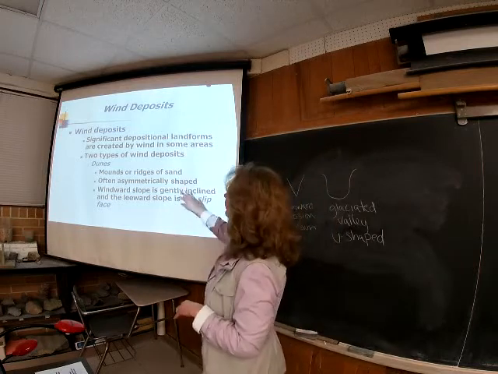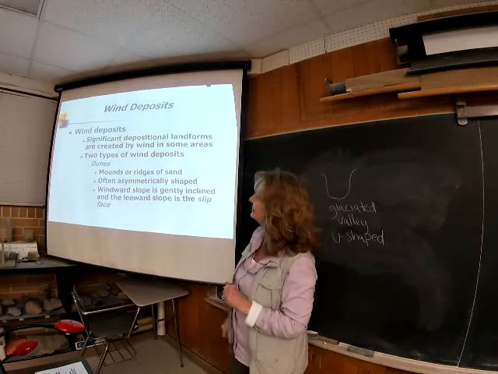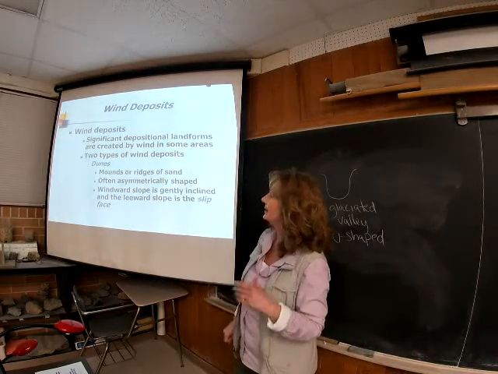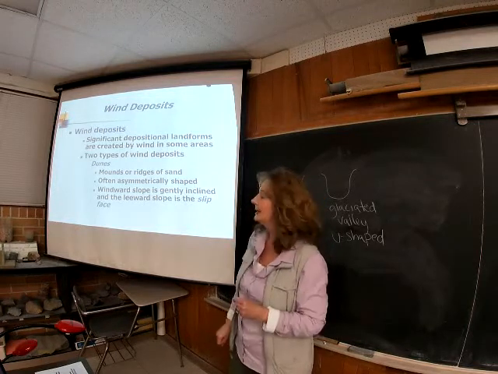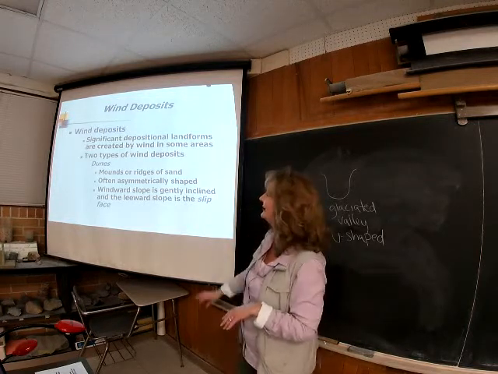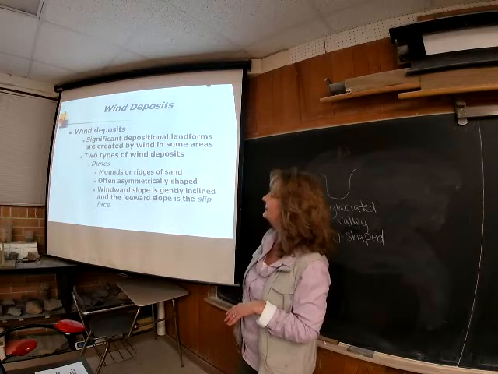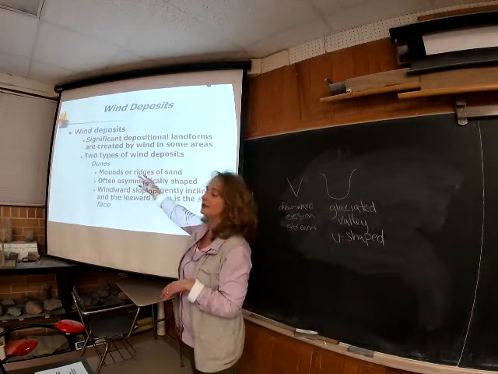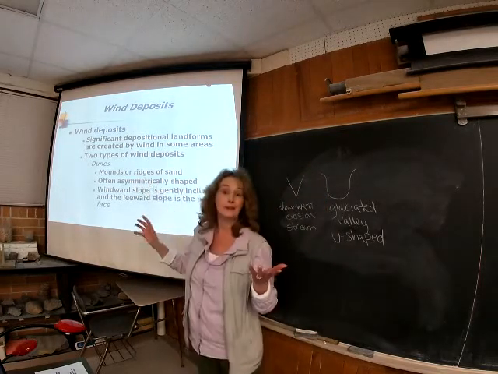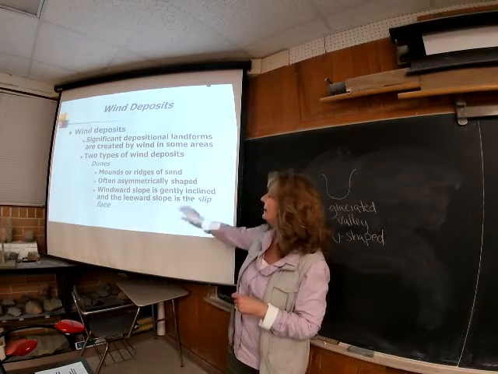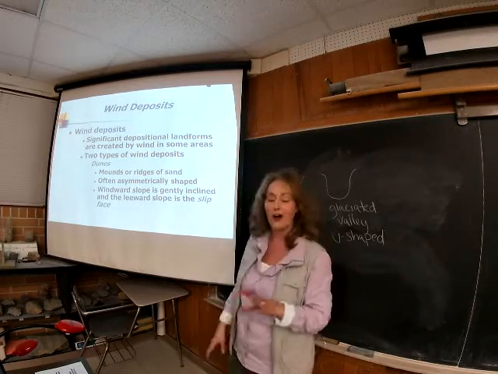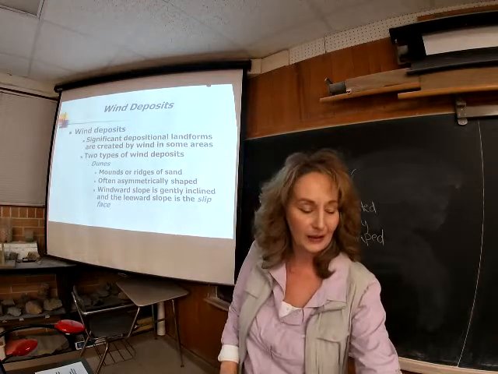Yeah, so some significant depositional landforms are created by the wind in some areas, like our little prairie mounds. But here we've got a couple of wind deposits, the dunes, okay? A sand dune, right? For example, mounds or ridges of sand, and they're often asymmetrically shaped.